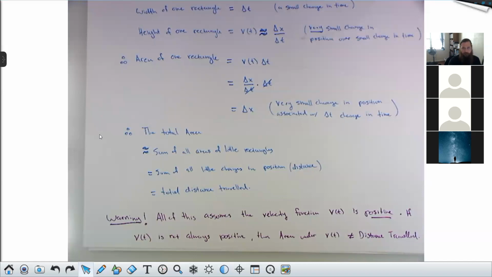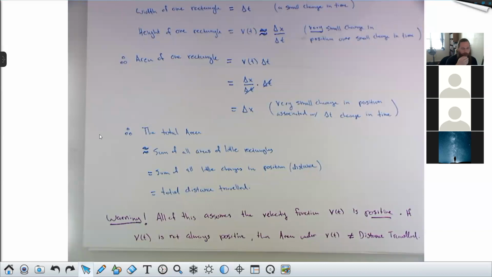Think about it like this. If I get up from my chair right now and I walk to the grocery store and walk back, then while I'm walking to the store, my velocity is positive. As I'm walking back from the store, my velocity is negative. I definitely did some traveling. The distance I traveled there is non-zero, but my displacement is zero.